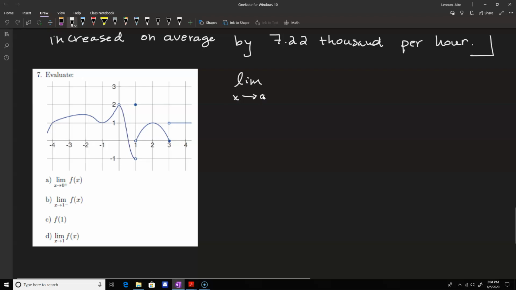So if you have this notation of the limit as x goes to a from the right, you're only tracing the graph on its path from the right to the left. So you're not looking left of the value you're concerned with at all. And if it's written like this with a superscripted minus sign, this means from the left.